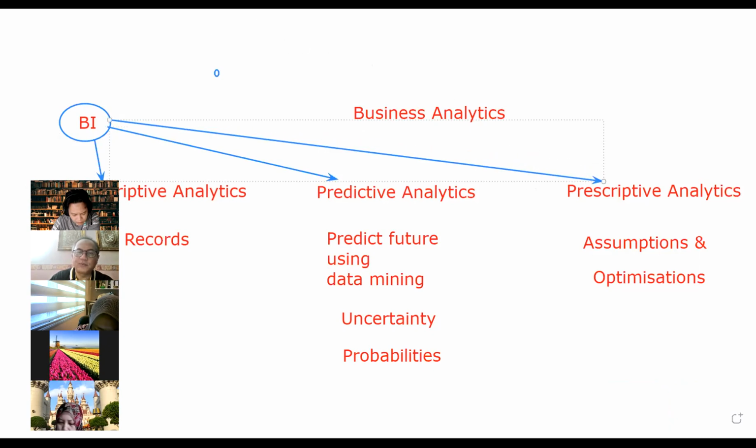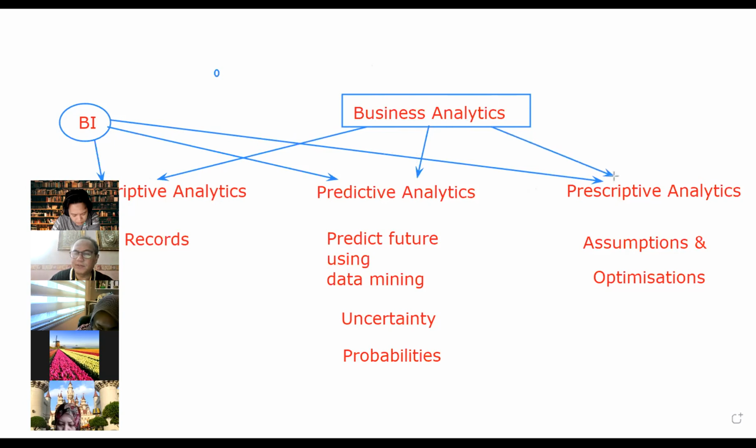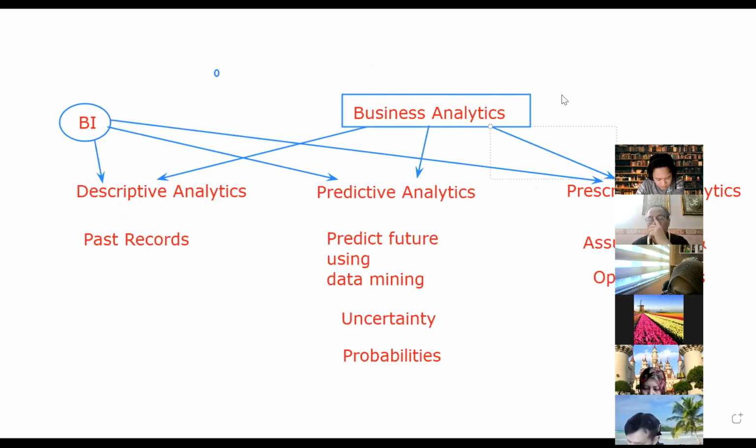Same goes if you look from the point of view of business analytics. We also call this descriptive, predictive, and prescriptive analytics. It is interchangeable, but we know that business intelligence comes first historically, and then it is developed to handle past records.